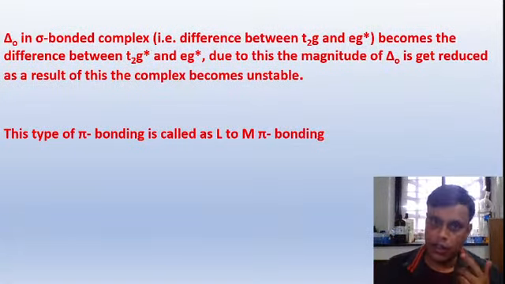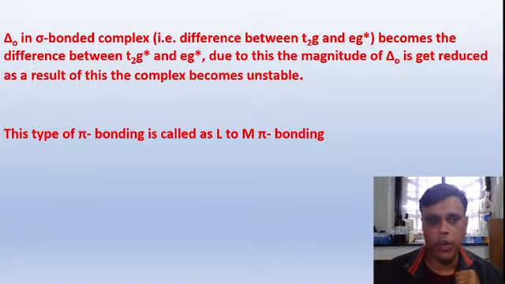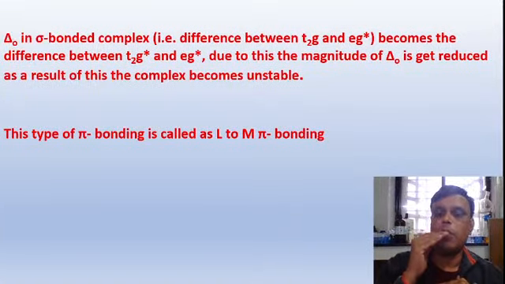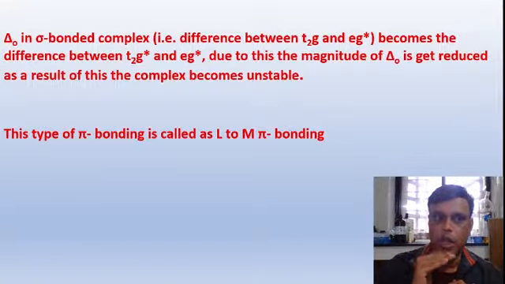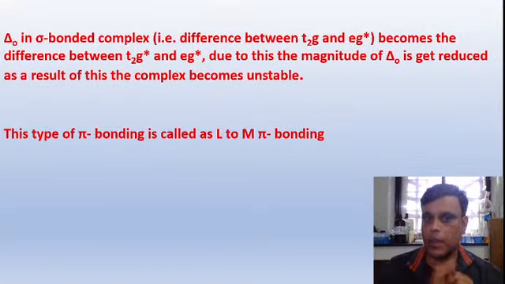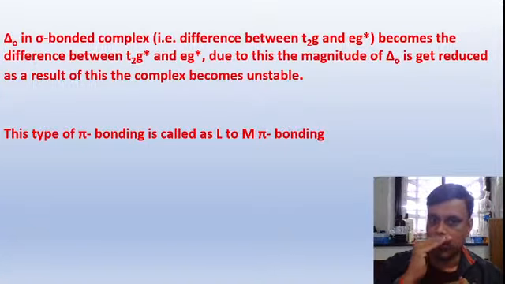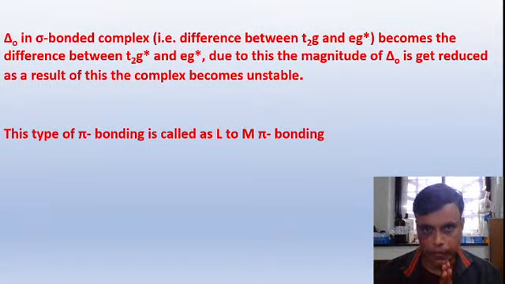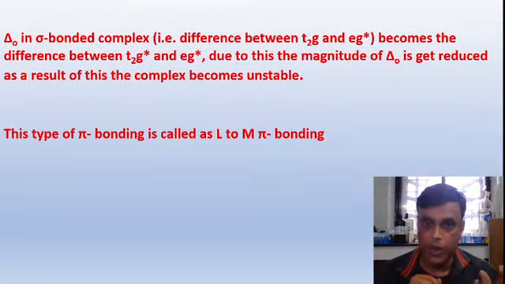Now here, after the pi bond formation, the gap or magnitude between T2G star and EG star is reduced. The gap is less, the energy difference is less, so as a result of this the complex becomes unstable.